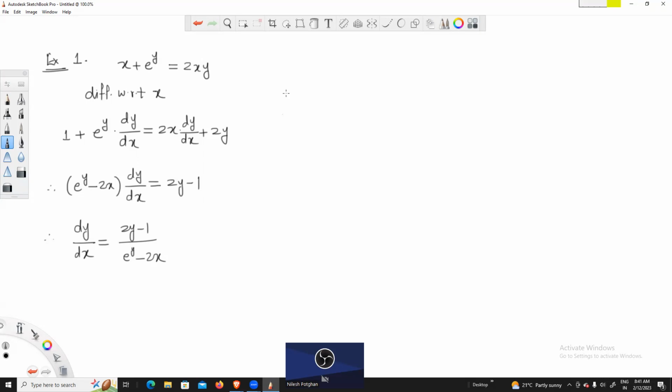But let us use partial differentiation to find the derivative of y with respect to x in this implicit function. So here I can write this implicit function as f of x comma y equal to x plus e raised to y, and I'll take the 2xy to the left hand side, minus 2xy, which becomes equal to 0 now.